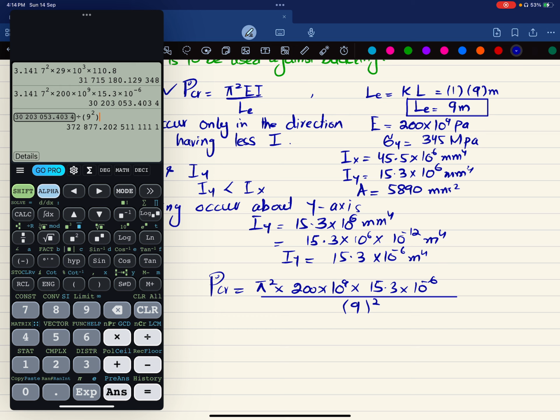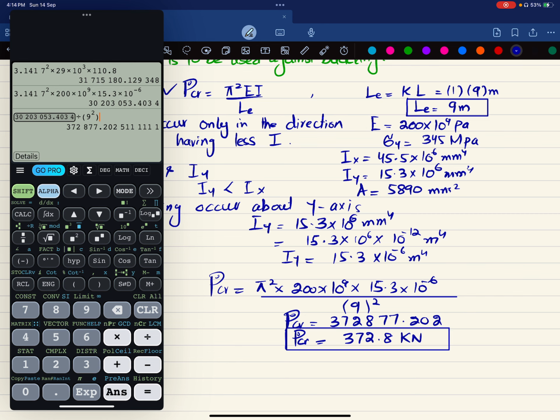P critical comes out to be 372,877.202, and if you divide it by 1000, it will be equal to 372.8 kilonewton. So this is the value of critical load.